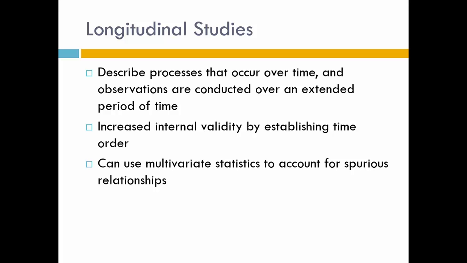We can also use multivariate statistics to account for spurious relationships. So we can do our regression analysis to hold other variables constant that might be interfering with our results. But a longitudinal study is usually a non-experimental design because we aren't doing that random assigning to groups, pre-test and post-test. However, it gives us higher internal validity than a cross-sectional because it establishes our time order.